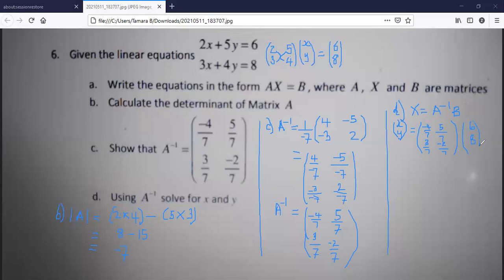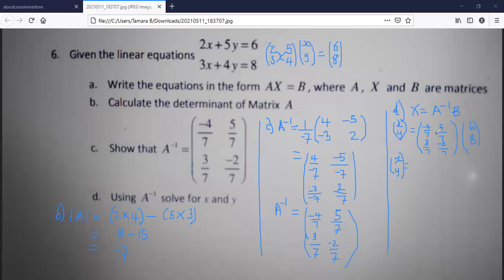All right, so we're going to go row times column. Row times column. All right, so this is our row.